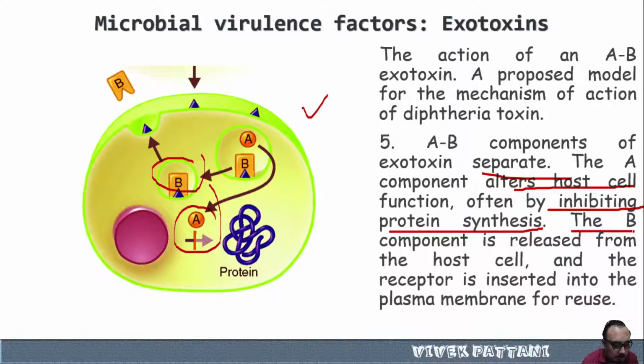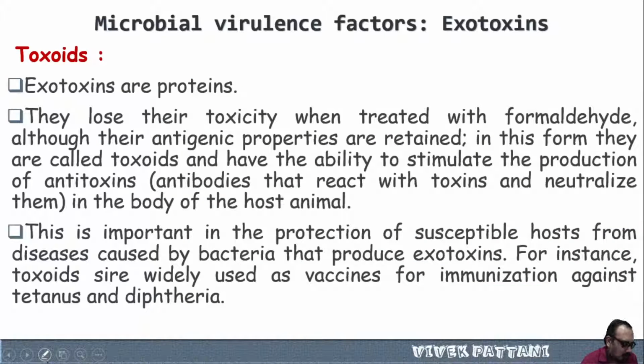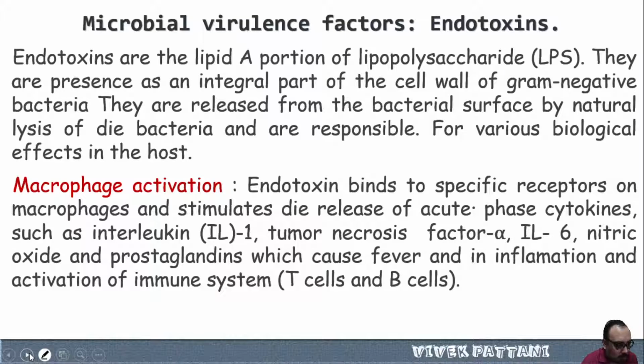The B component at the same time is released from the host cell and the receptor is inserted into the plasma membrane for reuse. So the A portion will inhibit protein synthesis. I already discussed the toxoid point, so I'm going to move forward with the endotoxins.